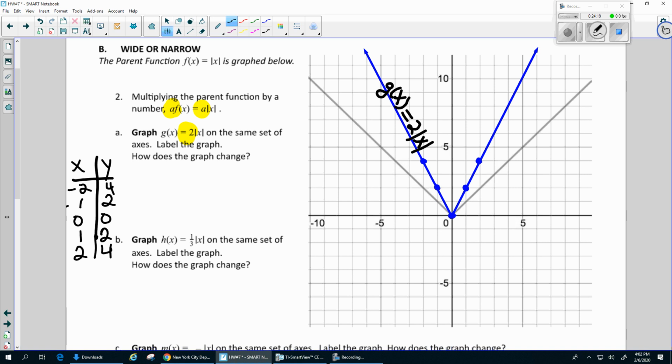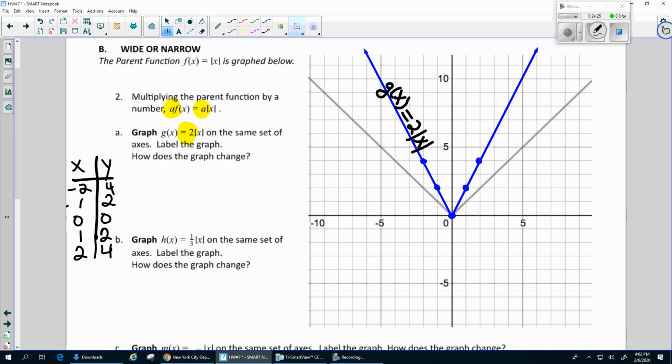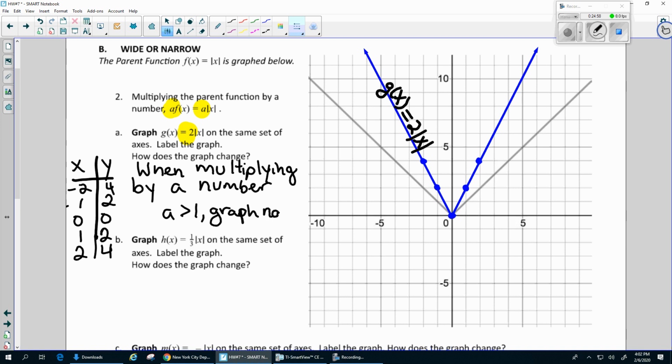Well, compared to the original parent function, when multiplying by a number that is greater than 1, so a is greater than 1, the graph gets narrow. The graph narrows.